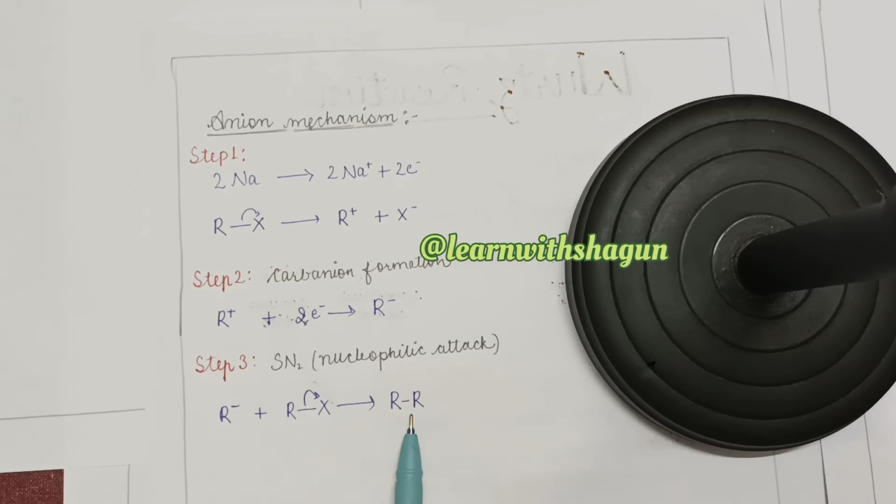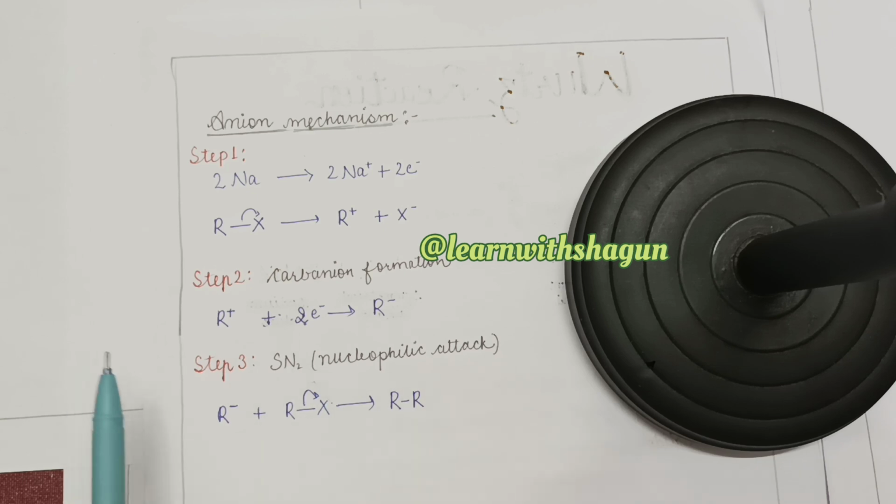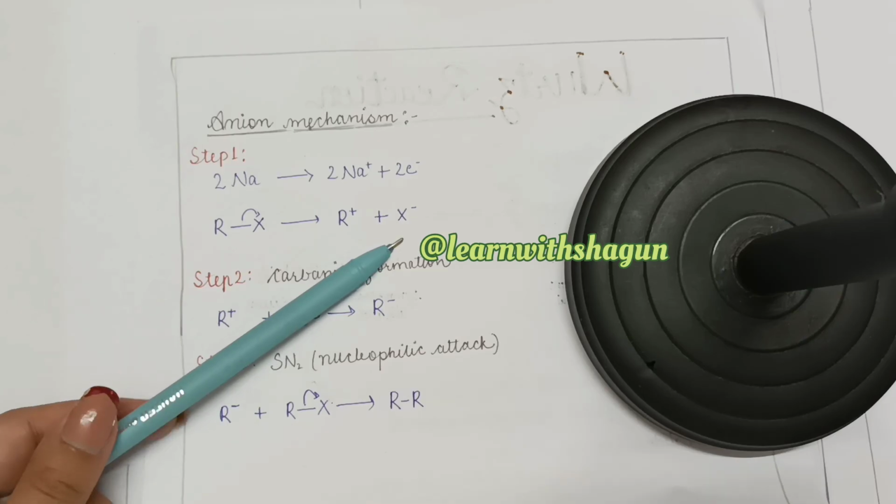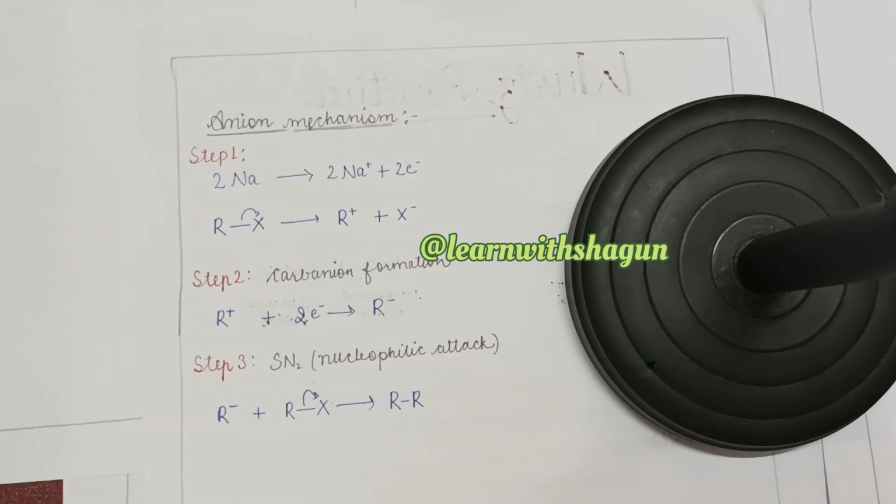So R-R will be formed, and X negative will detach itself from there and be present inside the solvent. In the last step, this sodium cation will combine with these anions and eventually a sodium salt will be formed. So that is well understood, you can do the other product formation yourself also. The main requirement is to understand this only.